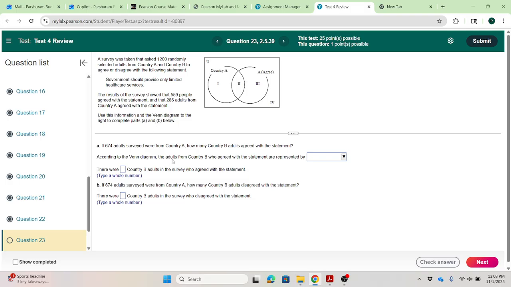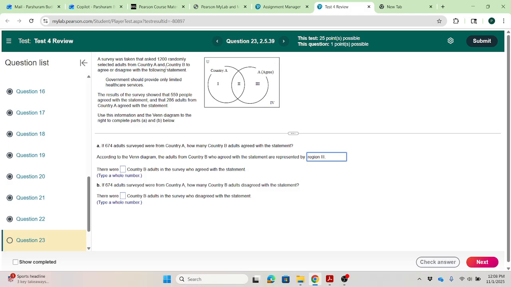So according to the Venn diagram, the adults from country B who agreed with this statement are represented by region 3. What is region 3? Yeah, because region 2 is agreed from country A, and then the rest is from country B. Okay, and there were this many country B adults in the survey who agreed with this statement.